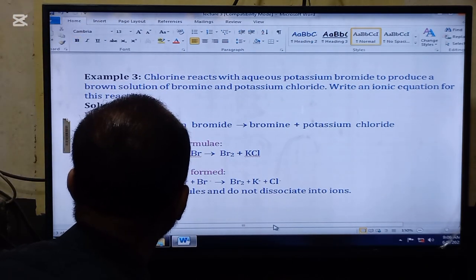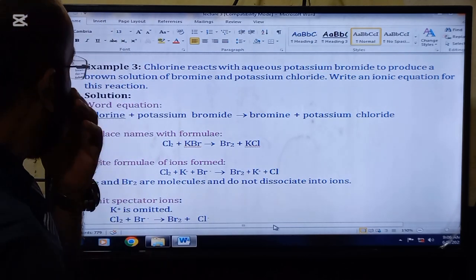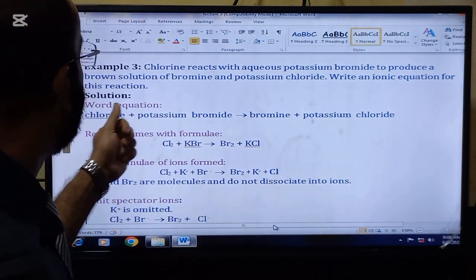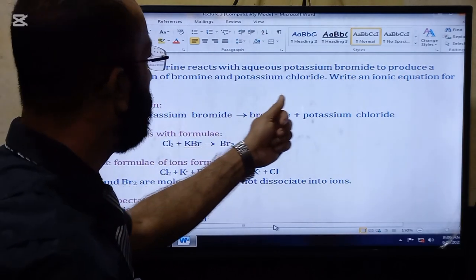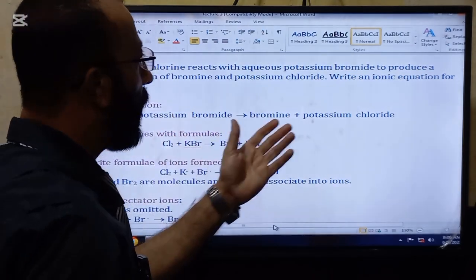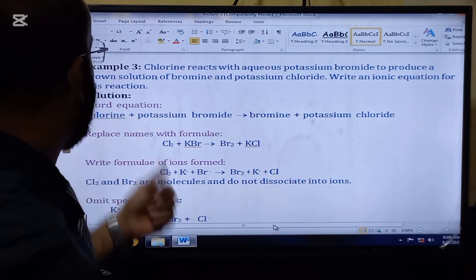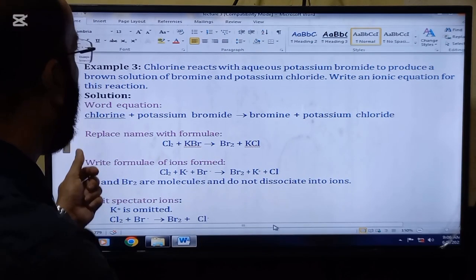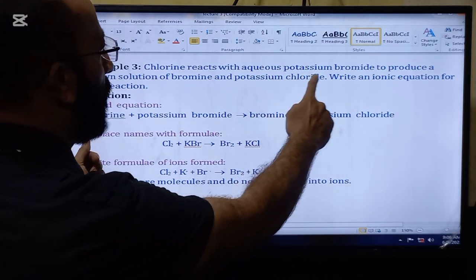Here is another example. Chlorine reacts with aqueous potassium bromide to produce a brown solution of bromine and potassium chloride. Write an ionic equation for this reaction. The first step will be to write the word equation. So chlorine and potassium bromide.